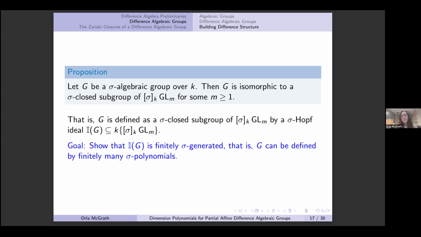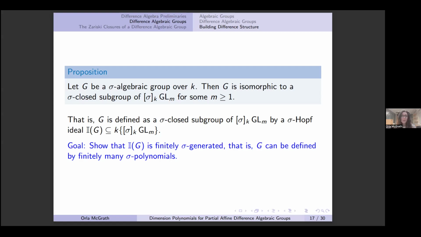Of course, it's an ideal in a quotient polynomial ring in infinitely many variables. It's highly unlikely it's going to be finitely generated, but we will show that because it has this nice structure, it is finitely difference generated. So essentially, that's equivalent to saying we can define any difference algebraic group as a subgroup of the general linear group by finitely many difference polynomials.